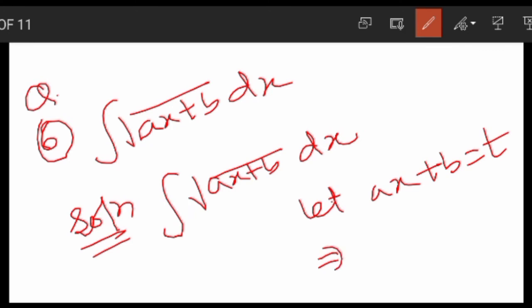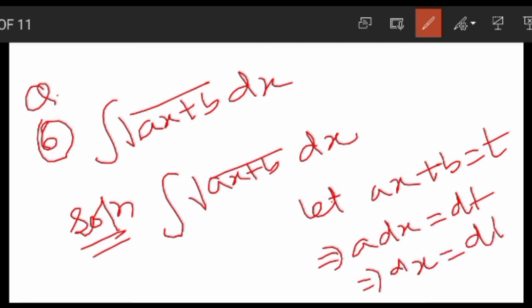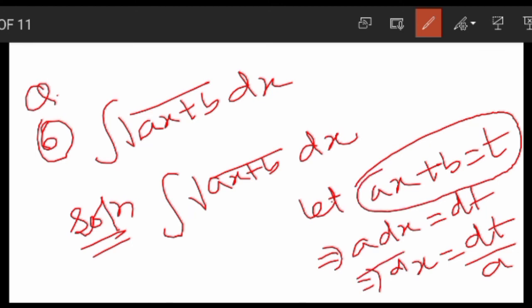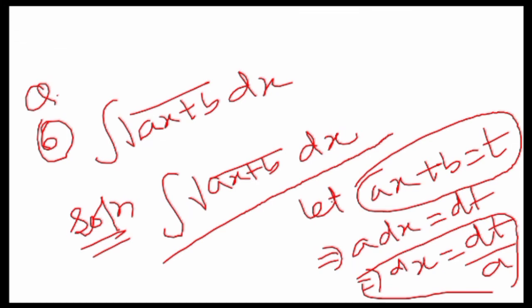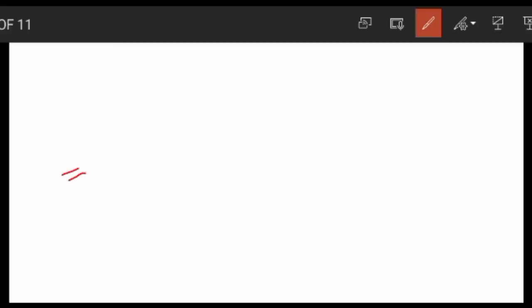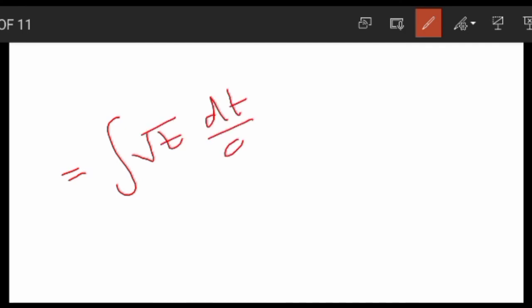Now differentiating both sides, we have a dx equal to dt. Now from here we have dx equal to dt by a. Now substituting these values, that is ax plus b equal to t and dx equal to dt by a in the given integration, we have finally integration root over t dt by a.